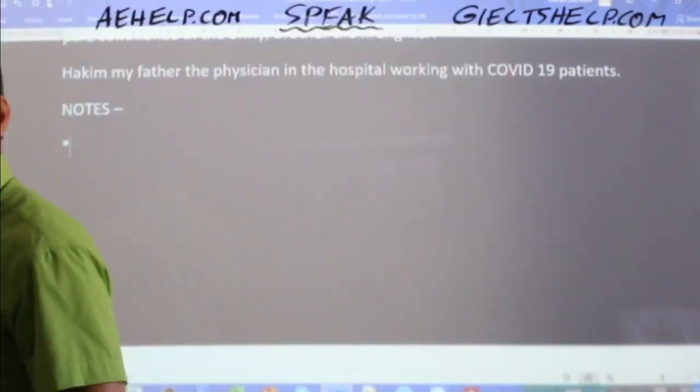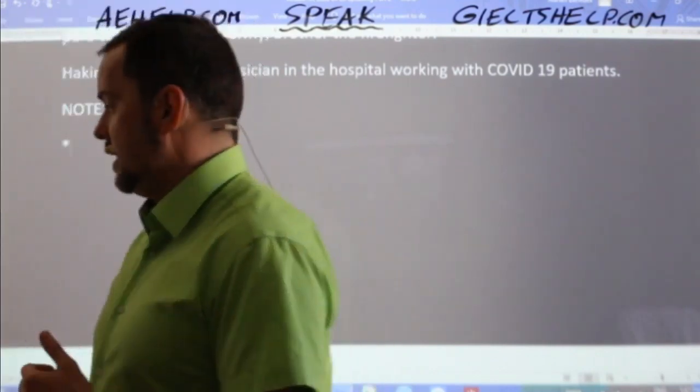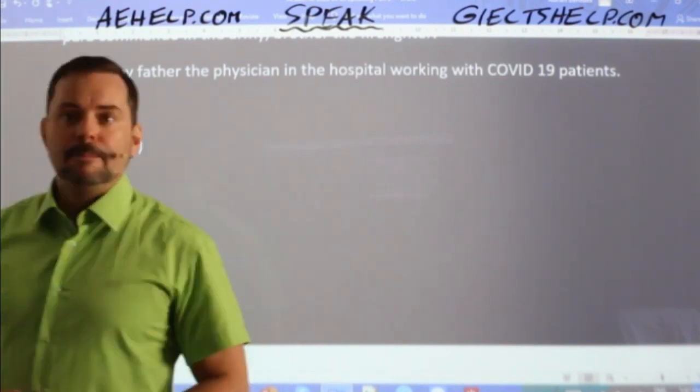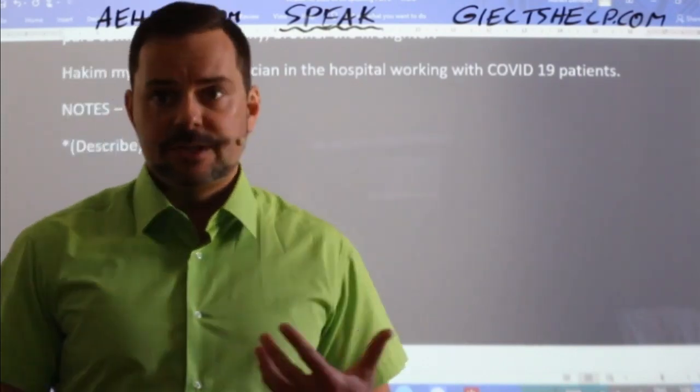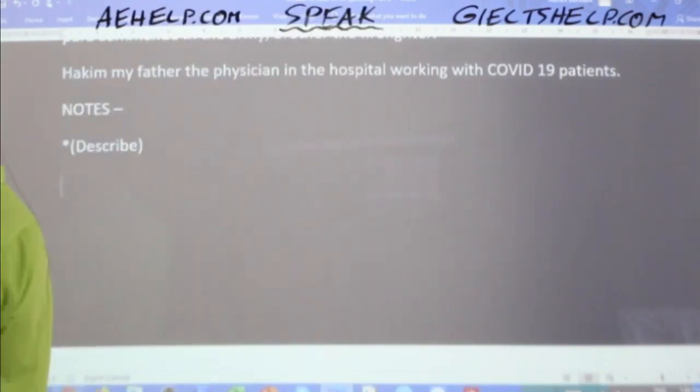Okay. Yeah, so Awaz says to describe. So let's describe what he looks like first. So give me some appearance. What does Hakim look like? Okay. Rajveer says 45 years old. I like your abbreviations.